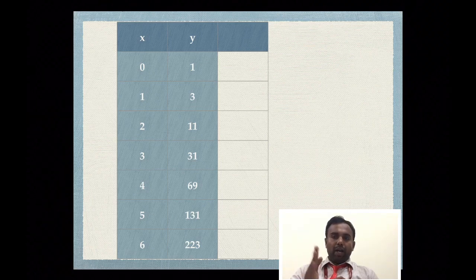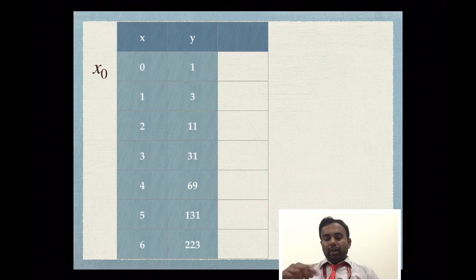So x is 0, 1, 2, 3, 4, 5, 6. For a finite difference table, we always take the first value as x naught and the corresponding value of y as y naught. The first value here is 0, which is x naught, and the corresponding value of y at x equal to 0 is y naught.